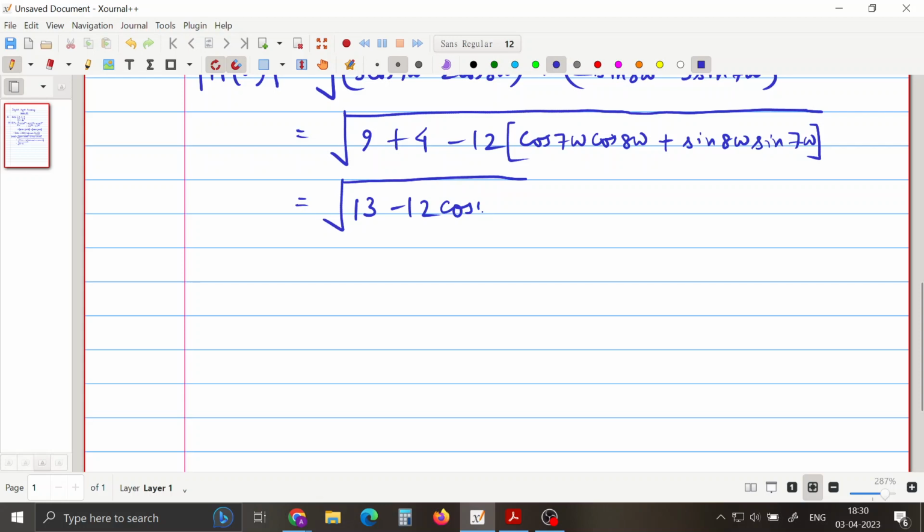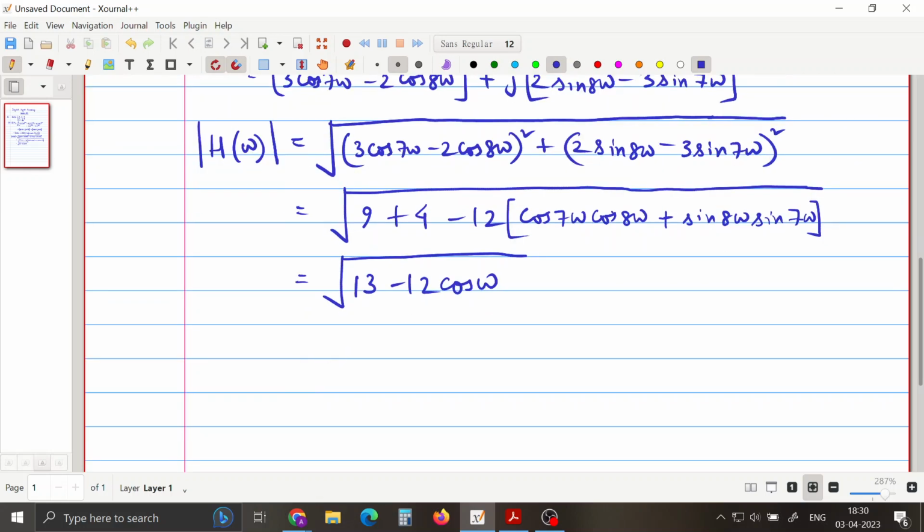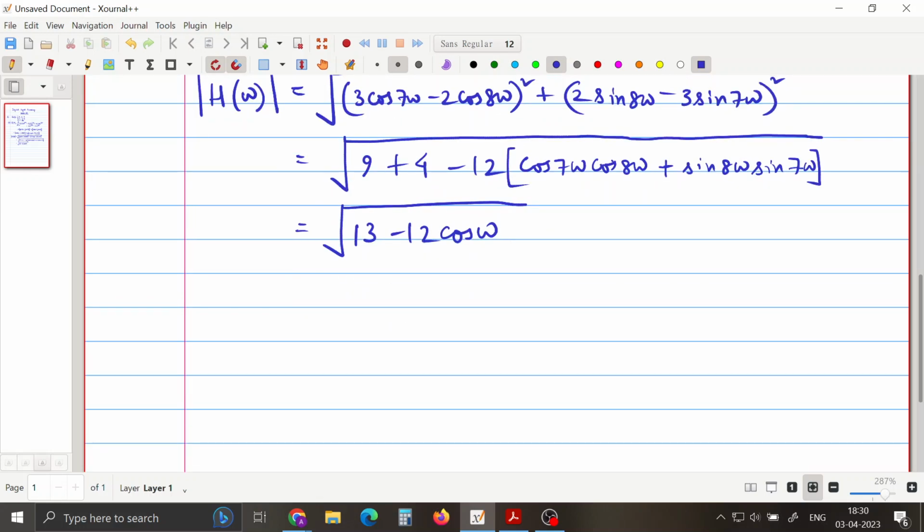So that's it. So this is the magnitude of the frequency response, right? And so for what value of omega, what frequency does this magnitude become maximum? So it is clearly like we need to maximize this overall expression here, 13 minus 12 cos omega. We need to maximize this.